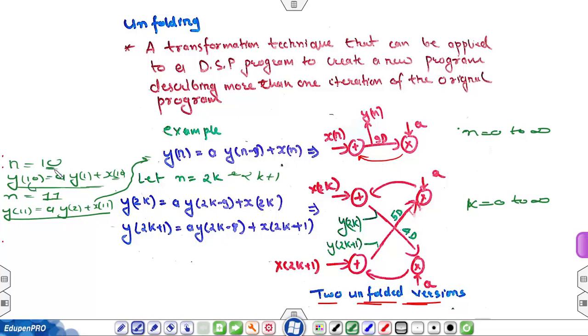This is for n equal to 10 and this is for n equal to 11. So I can say that this is, let's say, the 10th iteration and this is the 11th iteration.